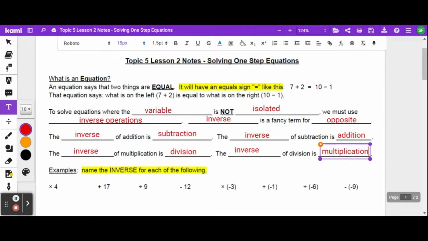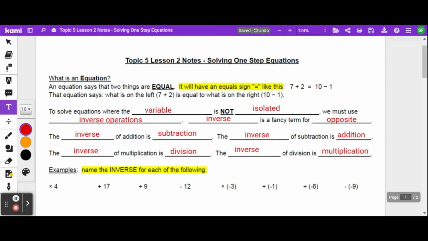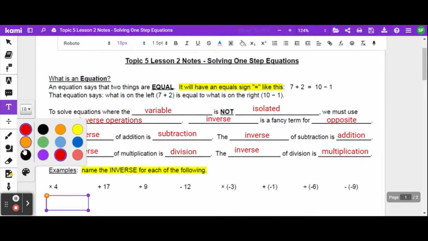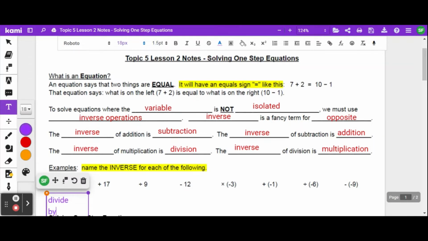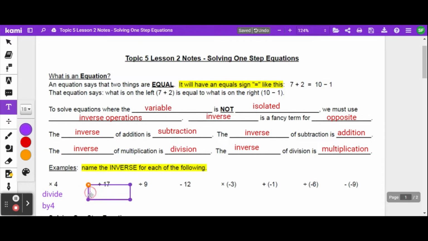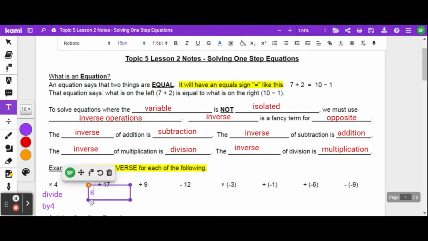We come down here, and I'm just going to name the inverse of each of the following. The inverse of multiplying by 4 would be to divide by 4. That would be the inverse or the opposite of multiplying by 4. What would be the inverse of adding 17? It would be to subtract 17.